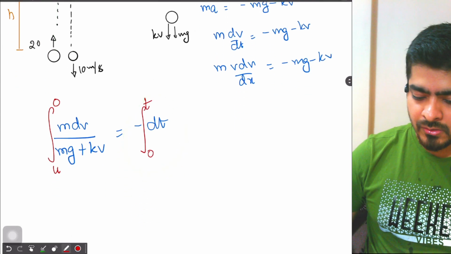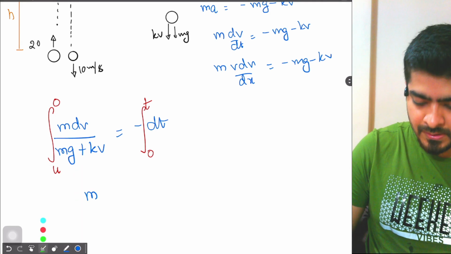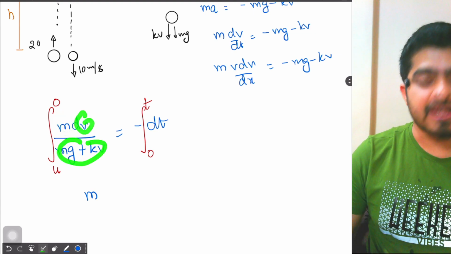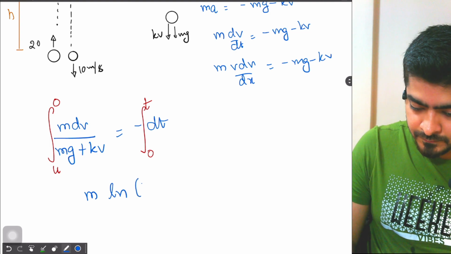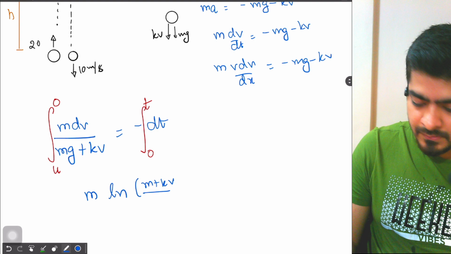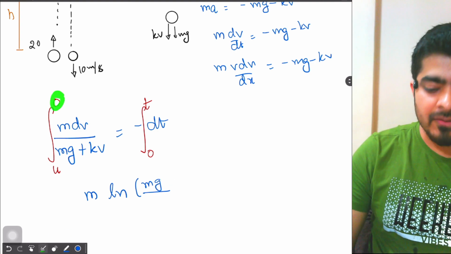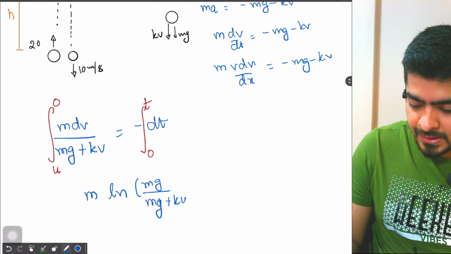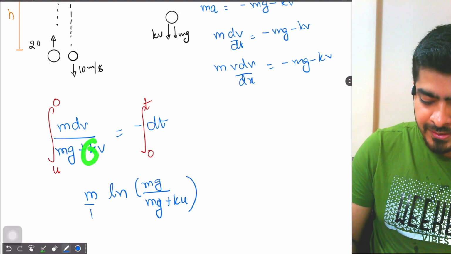On integration, m is a constant and will remain outside. Now you have dv divided by (mg + kv) to be integrated. This integration will give you the logarithm of (mg + kv) divided by only mg, since the final velocity is 0, and we divide by the coefficient of velocity, k.